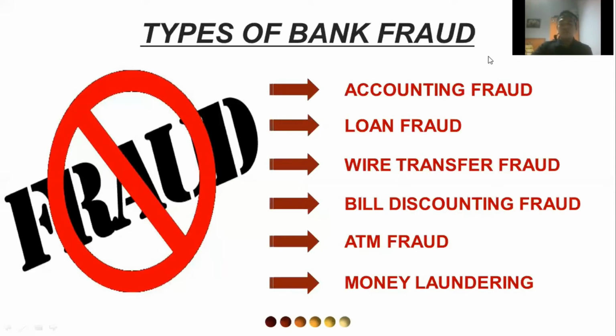And next, wire transfer fraud. Wire fraud includes all cases of fraud involving wire transfer or the internet. In some cases, the scammers steal the username and password of a banking customer and they wire money to themselves. Often, however, with this type of fraud, the scam artist convinces the victim to wire money out to them.